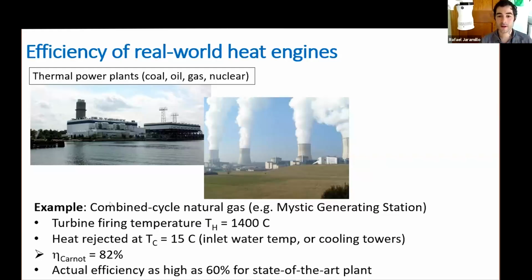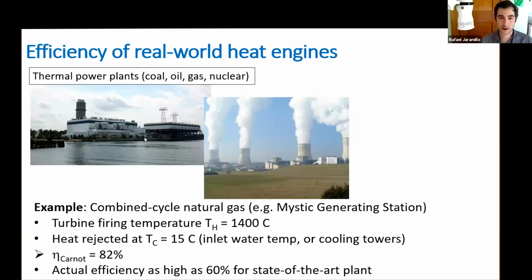So for example, here, the combined cycle power plant, the Mystic generating station, I looked it up. Very typical of GE, General Electric combined cycle units. The inlet temperature is 1400 C. So most of your metals melt at this temperature. So you've got to have really special materials at the inlet. And then the heat rejected is at 15 C. That's what the website said.